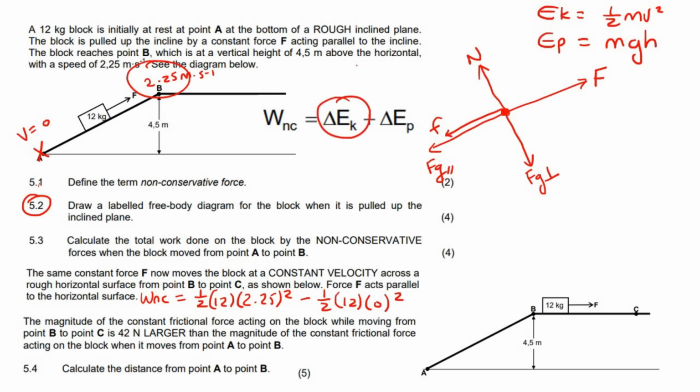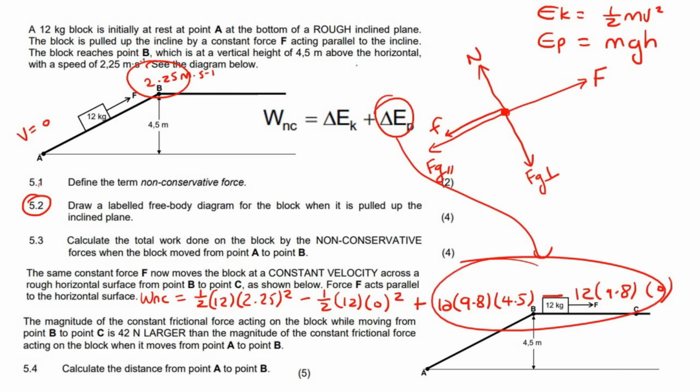Plus the change in the potential energy: mass 12, gravity 9.8, the height at point B is 4.5, minus 12 times 9.8 times the height at point A, which is 0.